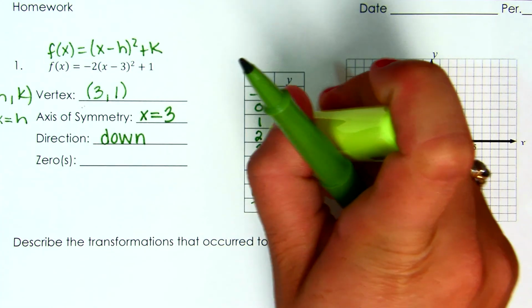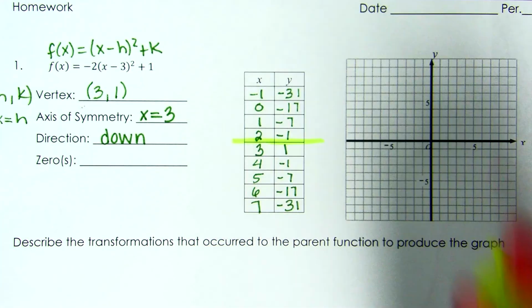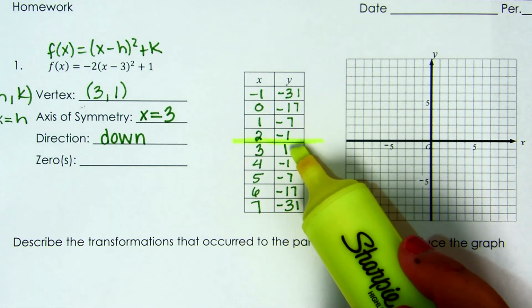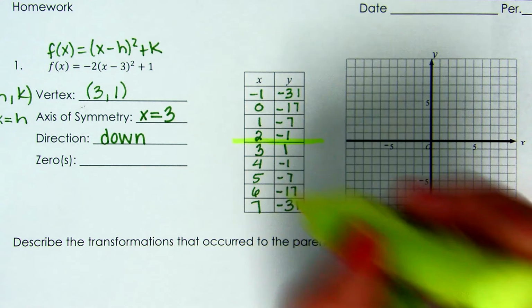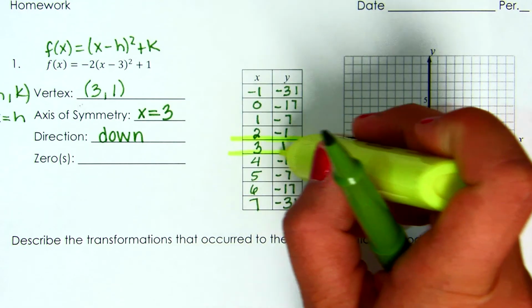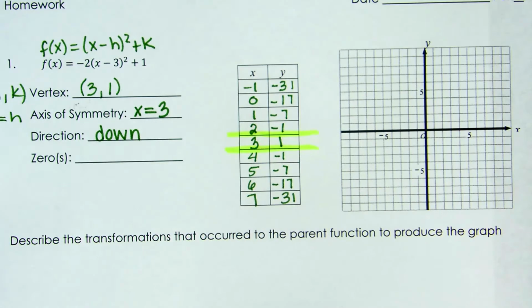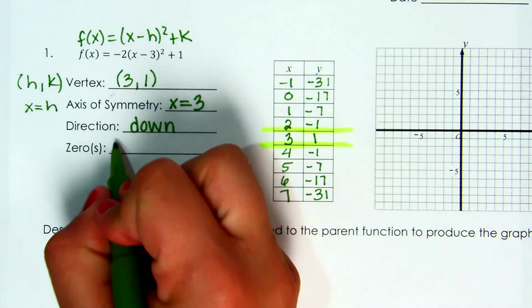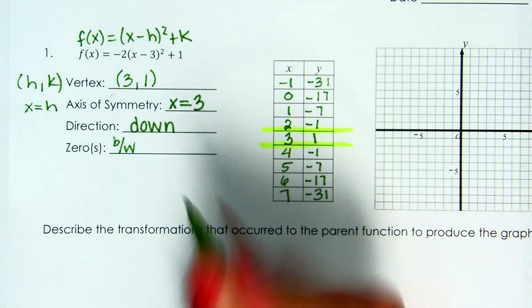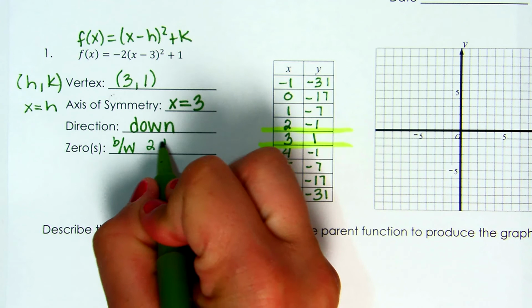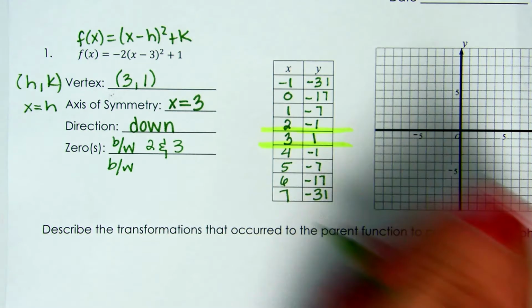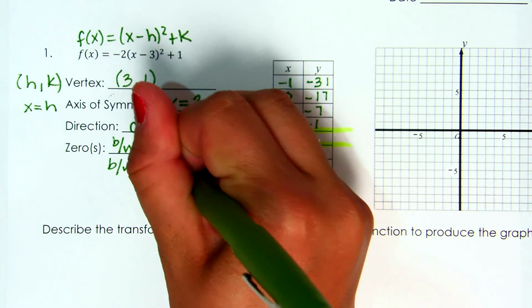Zeros happen right here between where y goes from negative to positive. So it goes from negative 1 to positive 1. That's where it crosses the x-axis. It happens again here, going from 1 to negative 1. So that's where my 2 zeros are going to be, between 2 and 3, and also between 3 and 4.